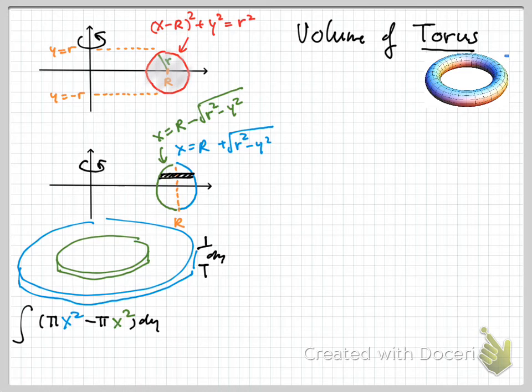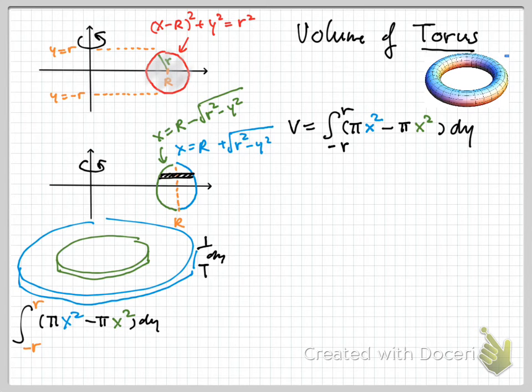We integrate from the smallest y, minus r, to the largest y, r. So this is the volume of the torus, from minus r to r, pi x squared in blue minus pi x squared in green.